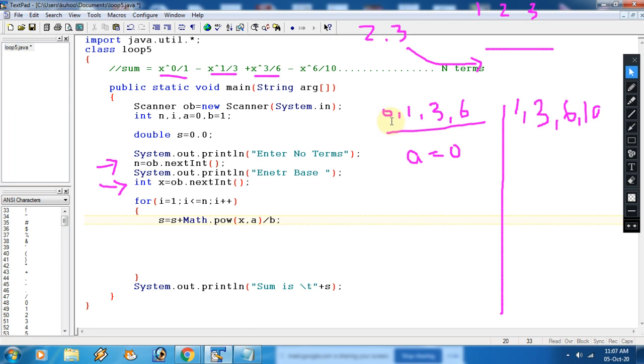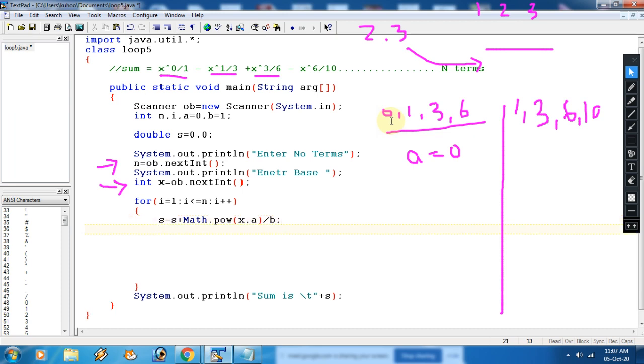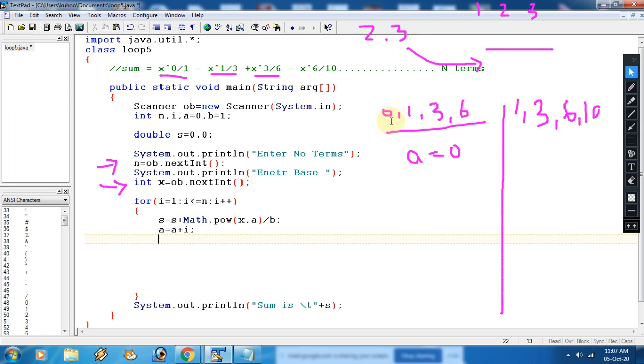So this is the basic working which I am telling you. So in the next time, what you want in a, the next time you want 1. So what you can do, a plus equals to i. And now b is initially 1, so I have here mentioned.